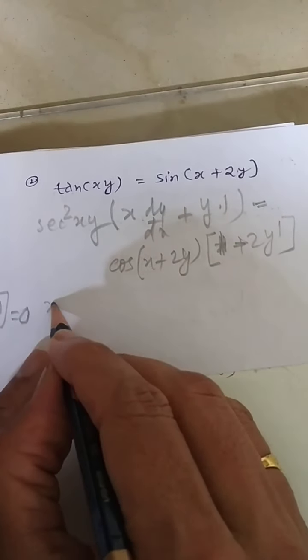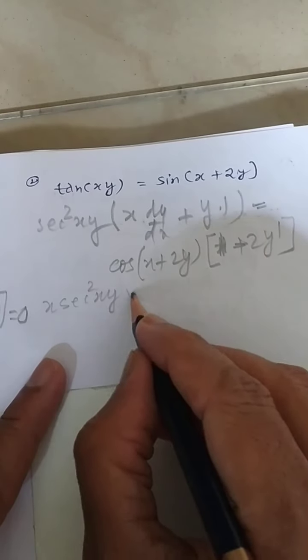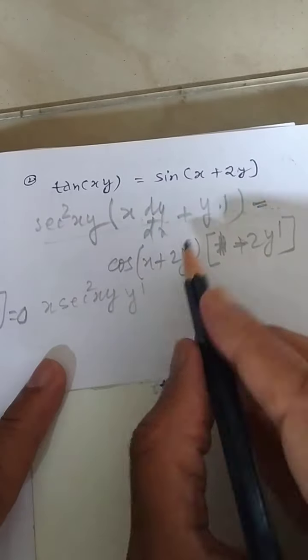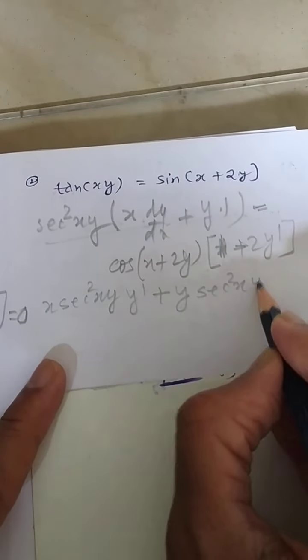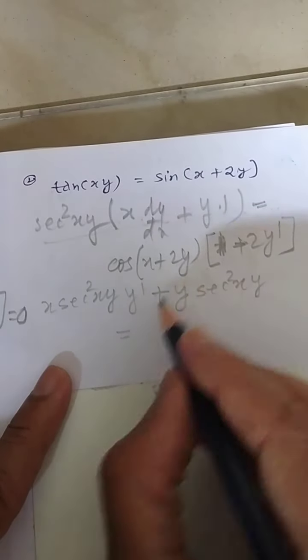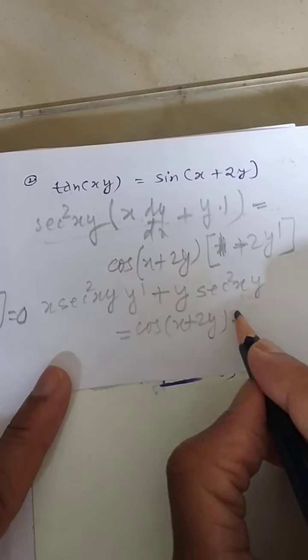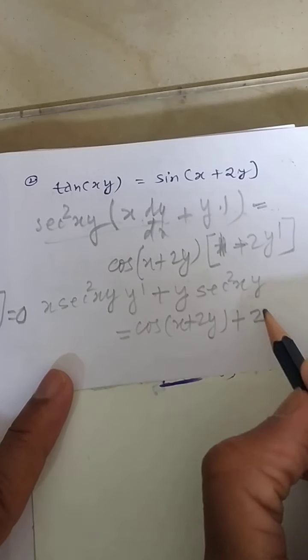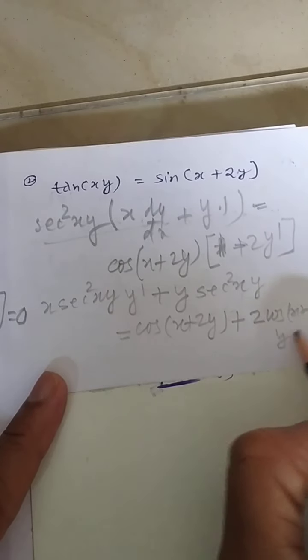It will be x into sec square xy into y dash. This is the first opening, plus y sec square xy will be equal to cos of x plus 2y plus 2 cos of x plus 2y into y dash.